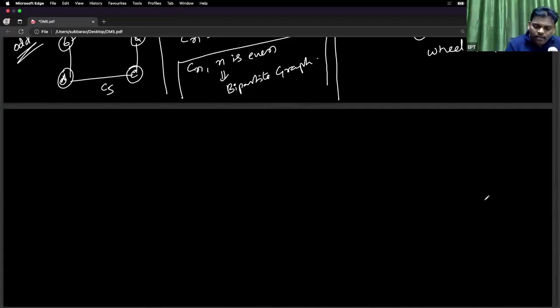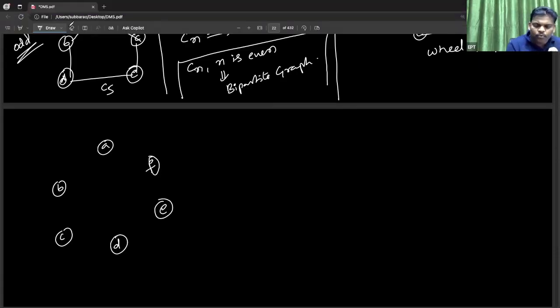Can everyone see this? A, B, C, D, E, and F. How many vertices? A, B, C, D, E, F. I think 6. It is a C6.